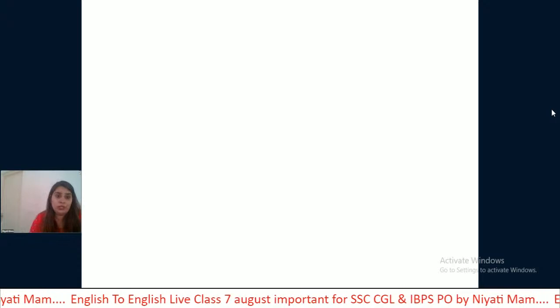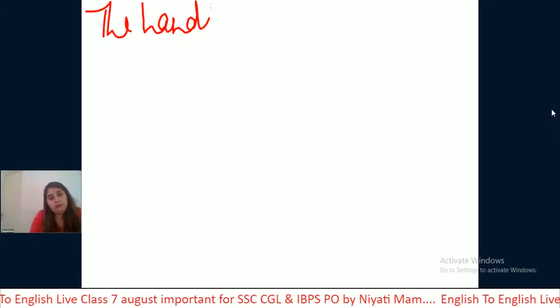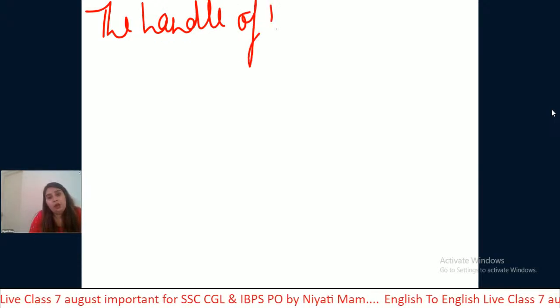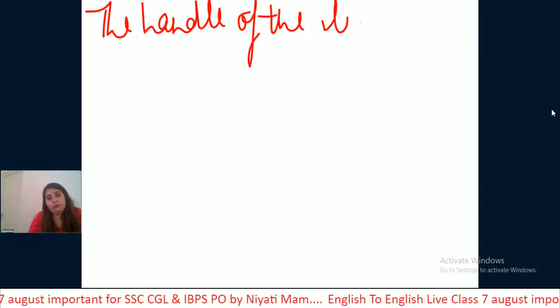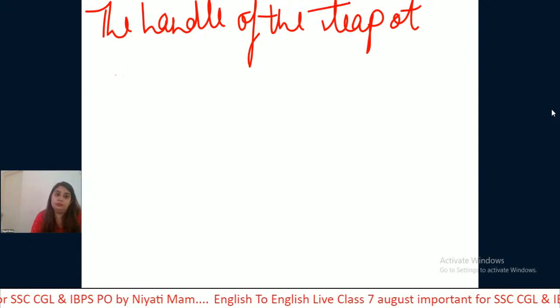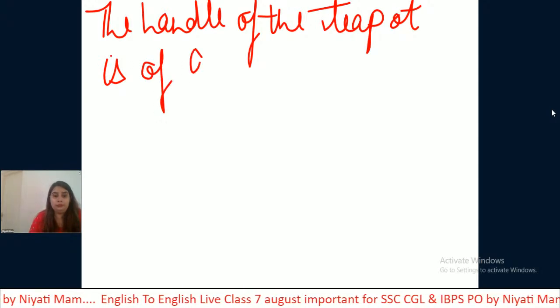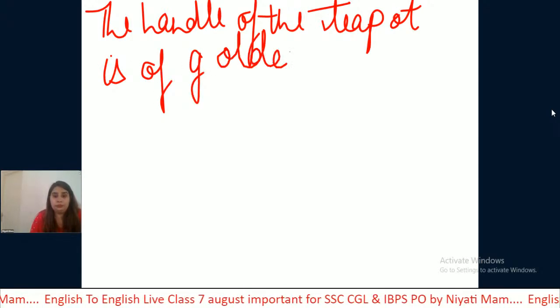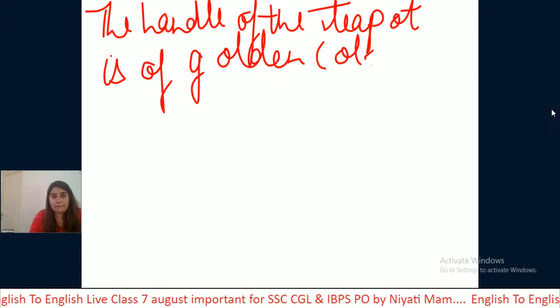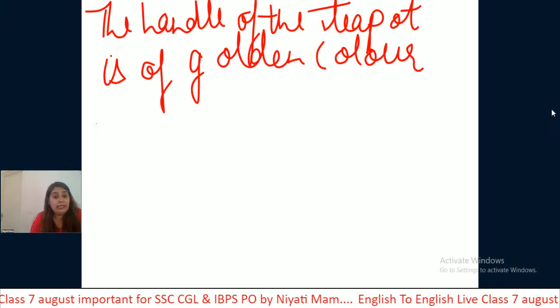The correct version is: the handle of the teapot is of golden color.